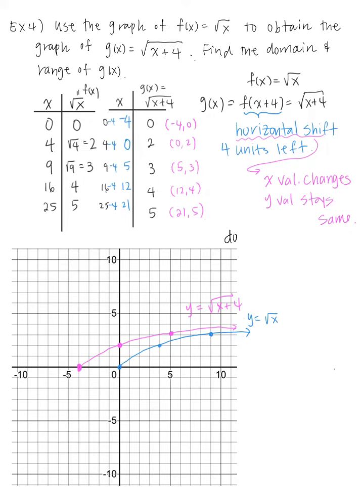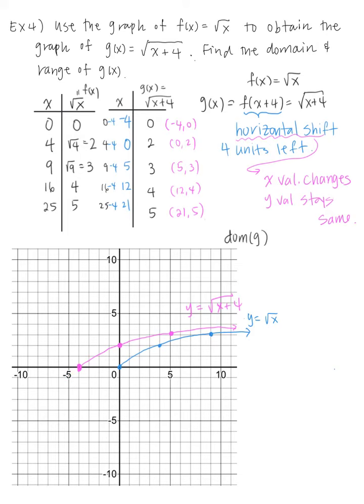Okay, so let's first go with the domain of g. When you want to find the domain by looking at the graph, you always look at the graph from left to right and determine where the graph begins. So if I look at this graph from left to right, the beginning point is at x equals negative 4. Now remember, domain is the set of all x values, right?